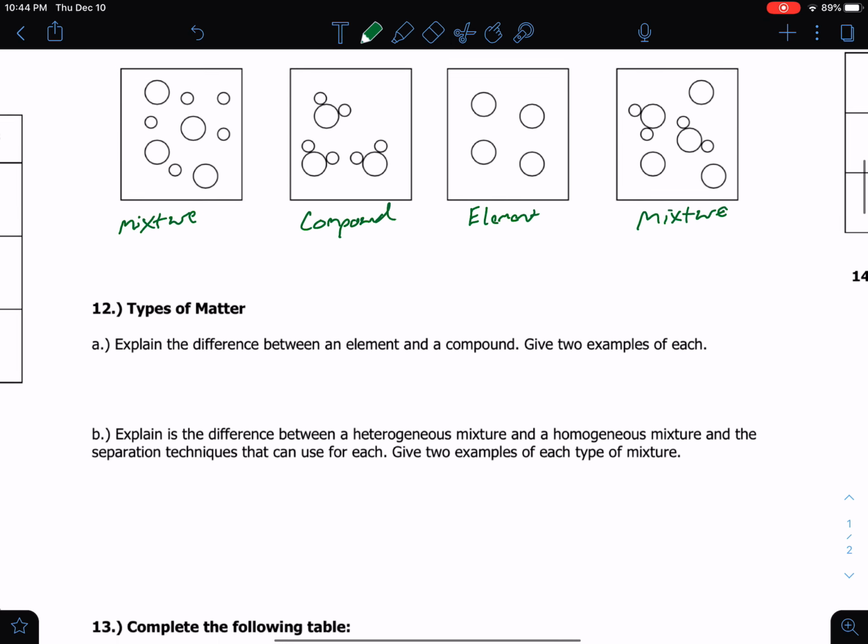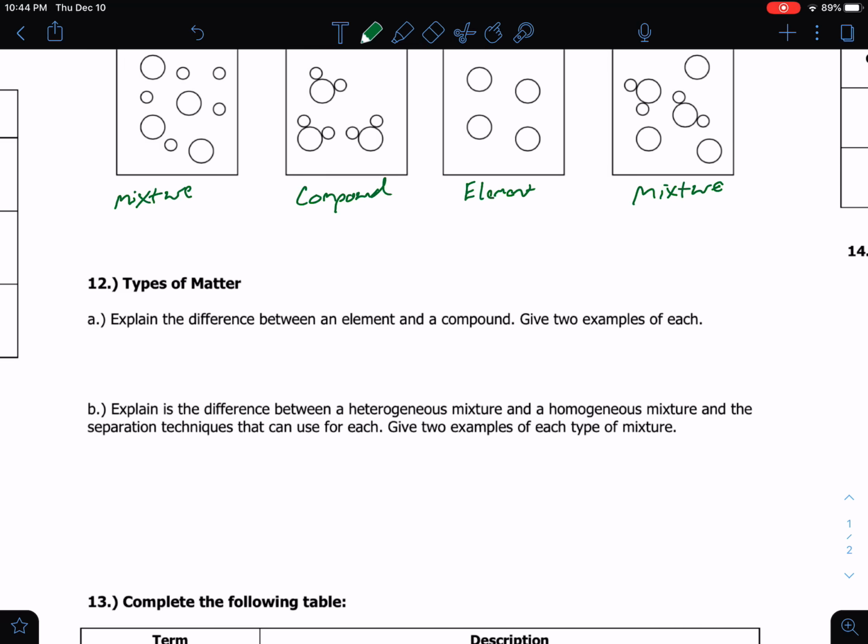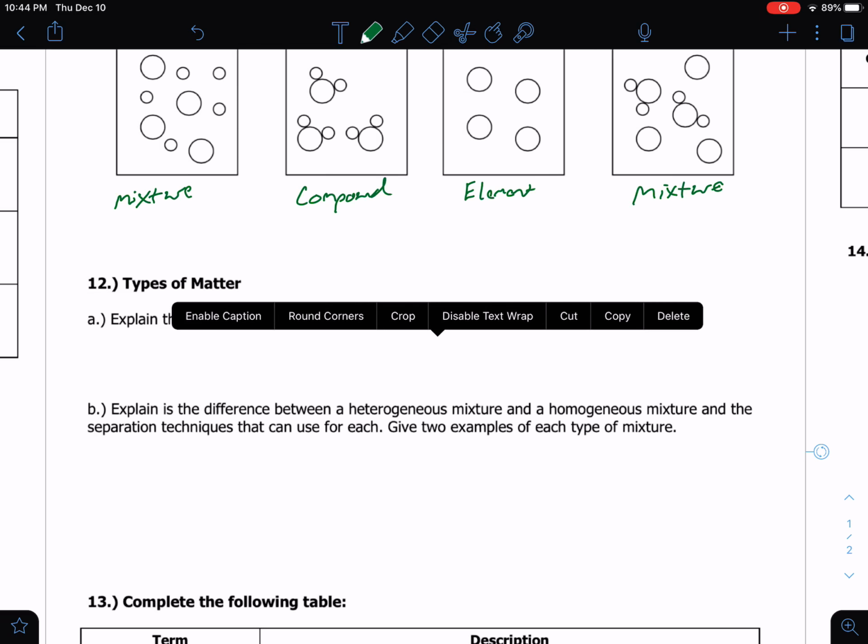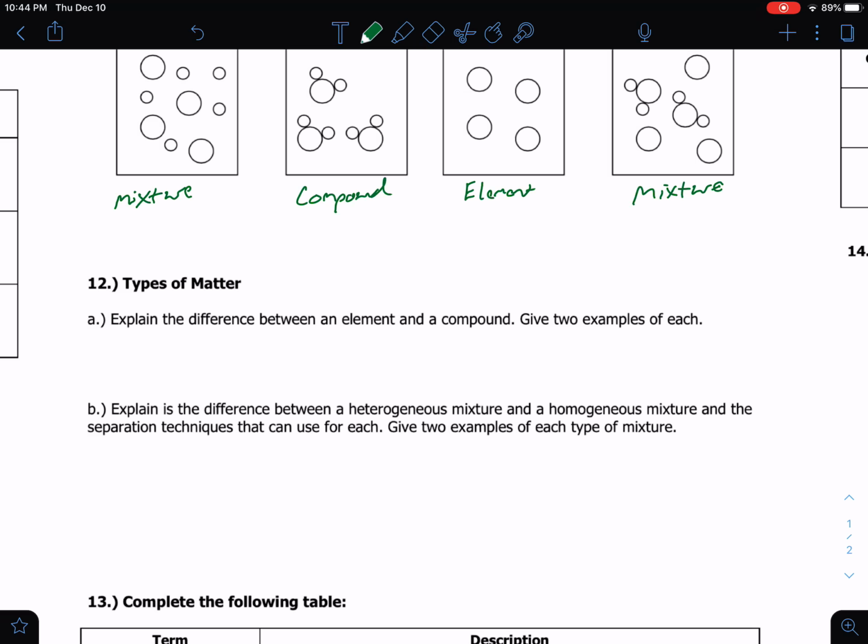Okay, number 12, types of matter. Explain the difference between an element and a compound and give two examples of each. We kind of just talked about that. They're both pure substances, but elements are by themselves, like hydrogen, carbon, fluorine.